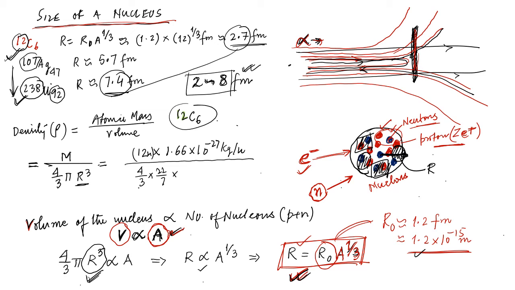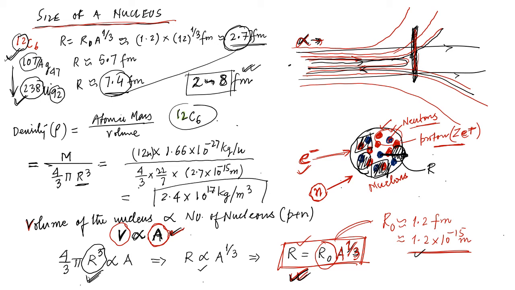The r we have already calculated, which is 2.7 Fermi, and Fermi is 10 to the power minus 15 meter, so this is the cube of this. If you calculate, this comes out to be 2.4 into 10 to the power 17 kilogram per meter cube.